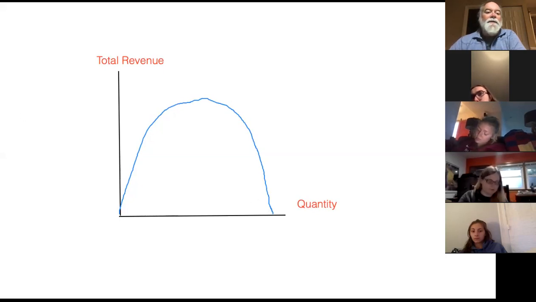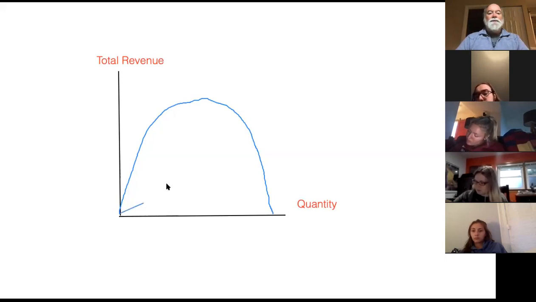Okay, now, what about total cost? If you remember, total cost curves tend to be increasing at an increasing rate. So let me draw a total cost curve. Whoopsie, no, that's not going to work because I need a curve.